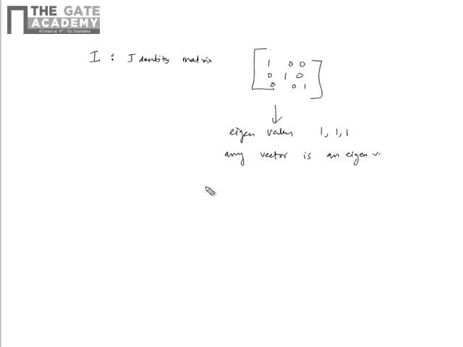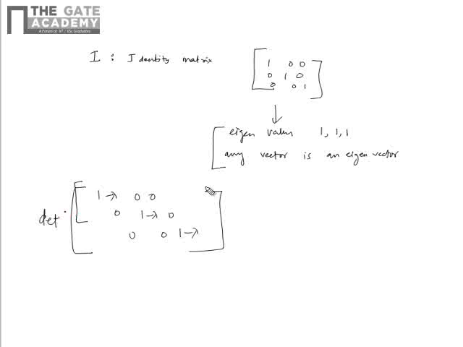This is clearly visible: let's try to derive the eigenvalues. When I write down the characteristic equation, it comes out something like this, and the determinant of this is 1 minus lambda whole cube equal to 0. So lambda has all equal roots. These are the eigenvalues for the identity matrix, because this is a somewhat special matrix.